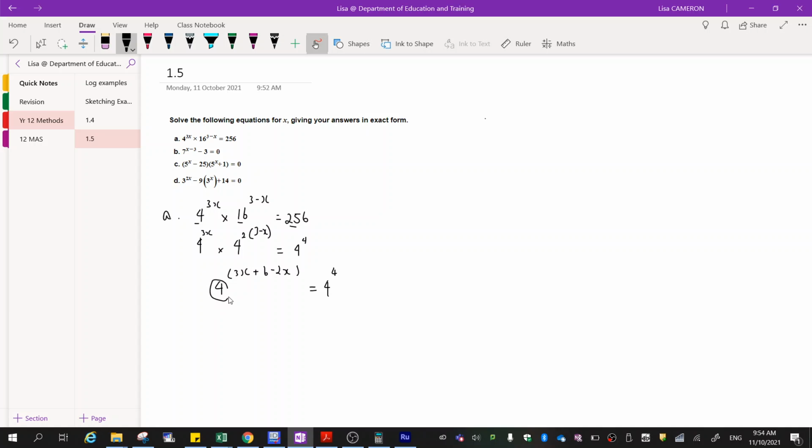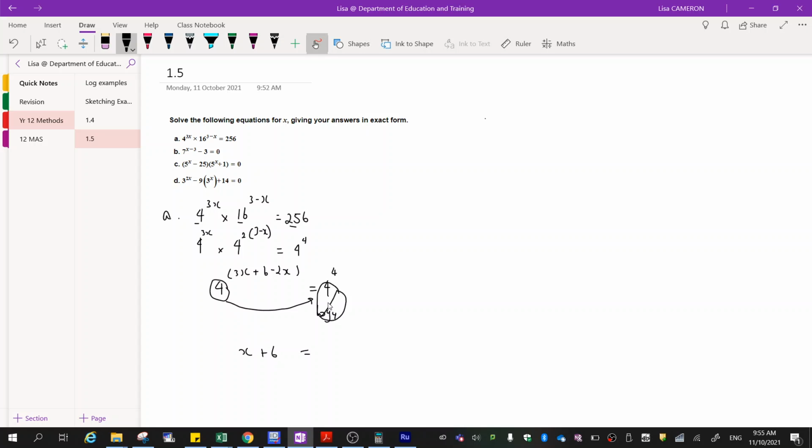Okay, I'm going to take this 4 to the other side by using log with base 4. Now, when I do that, that is going to cancel this section out. So I'm left with, I'll group this together at the same time, 3x minus 2x will make x plus 6.